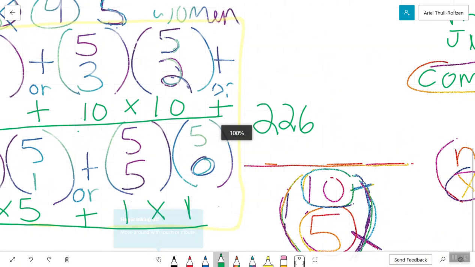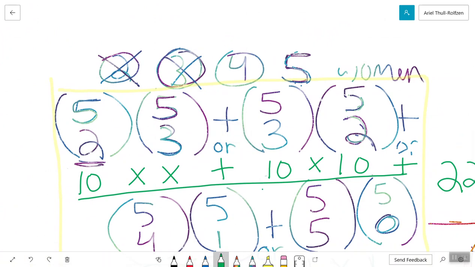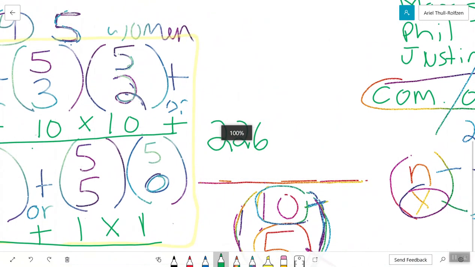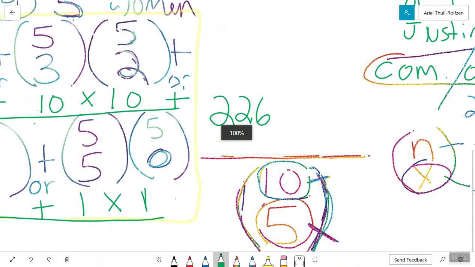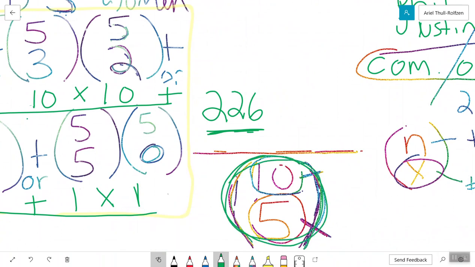There are 226 total ways to pull 2 or 3 or 4 or 5 women out of each respective sample. So a total of 226. Now I ended up right here for a reason, because this is our numerator and this right here is our denominator. So now all we have to do is solve the combination for our denominator, and this we end up getting 252 total ways that we can pull 5 people from a population of 10.